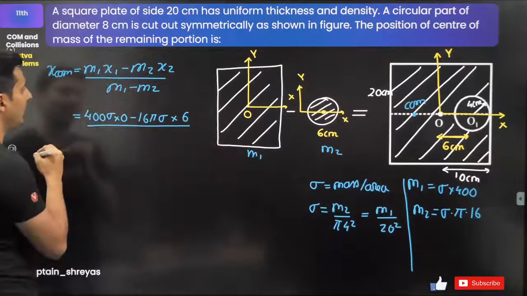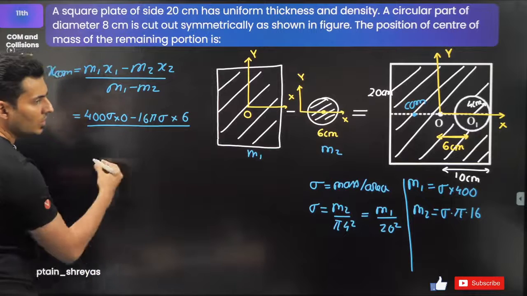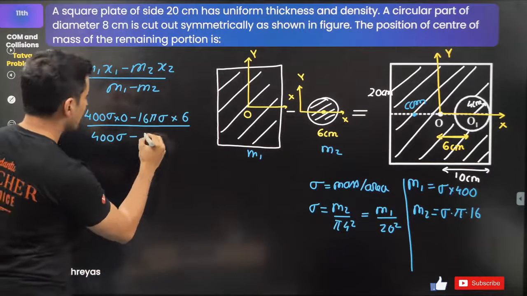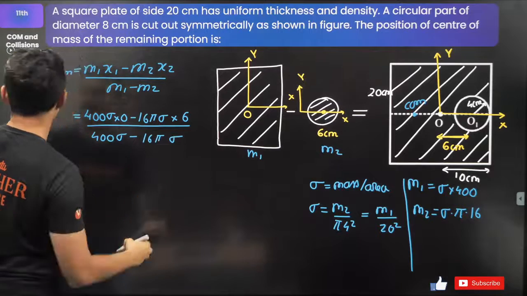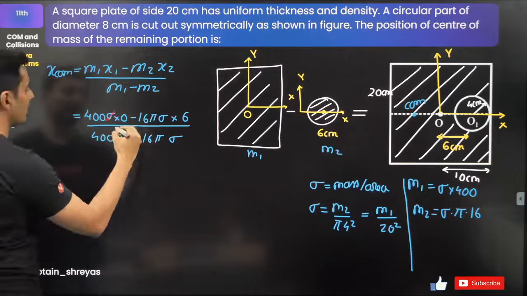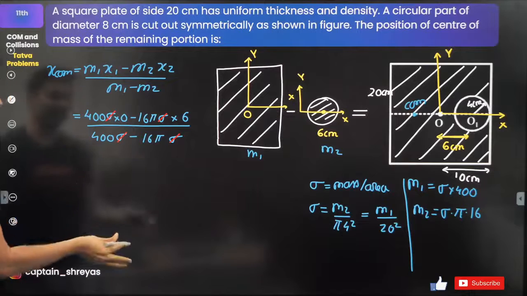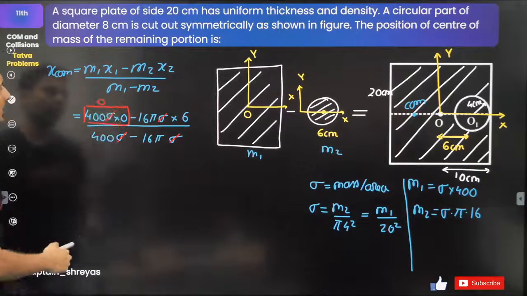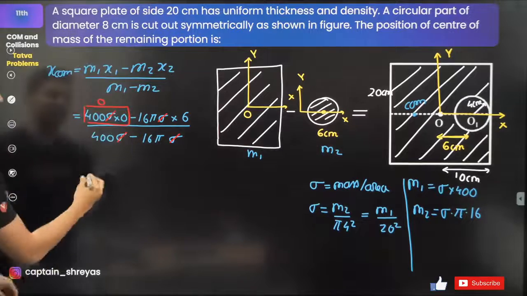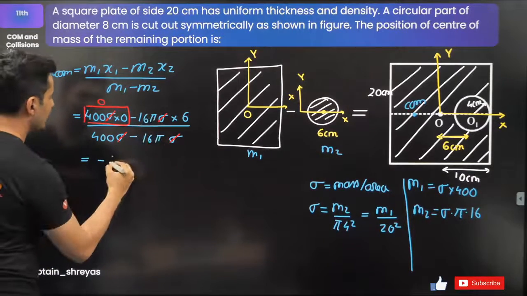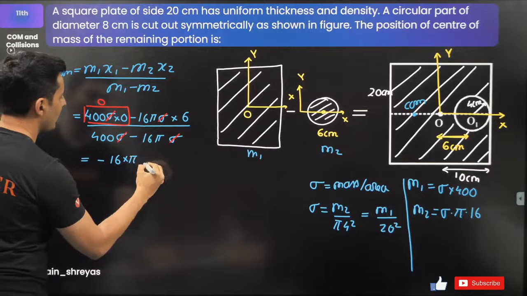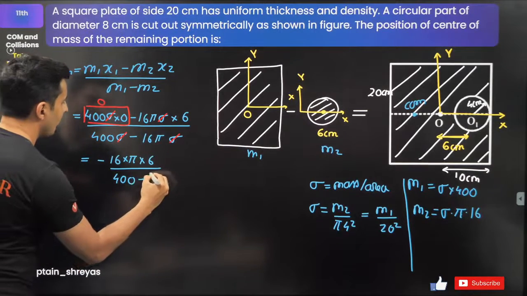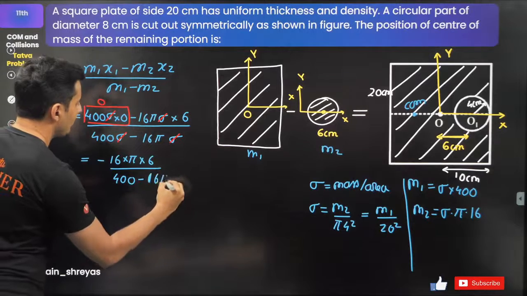The whole thing is divided by m1 minus m2, so that is 400 sigma minus 16 pi sigma. You will see that sigma will get cancelled. This is just a 0, so this is also going to be 0. So you will be just left with minus 16 into pi into 6 divided by 400 minus 16 pi.